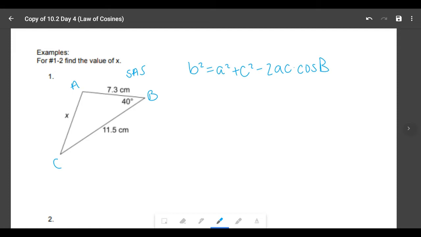Now I can use this equation and plug in all of the variables that I have. So my little b is going to be my x. And remember that little a is across from our angle A, as well as little c.